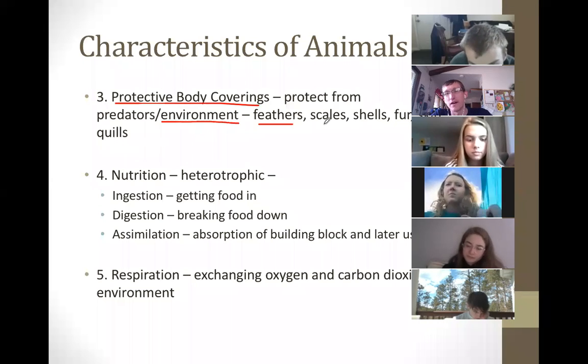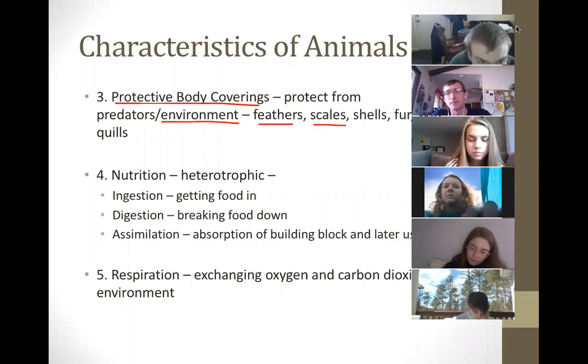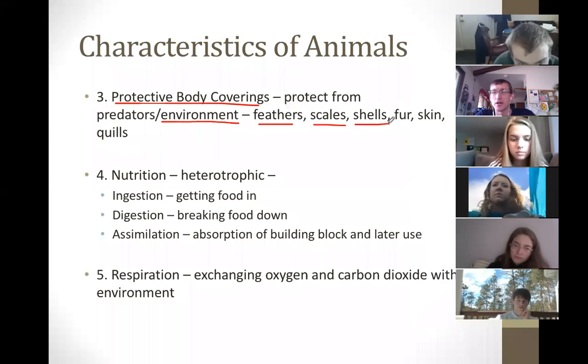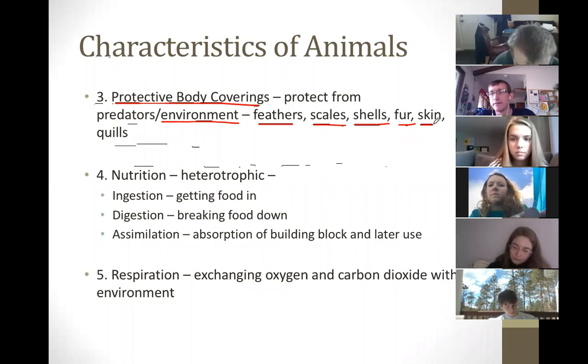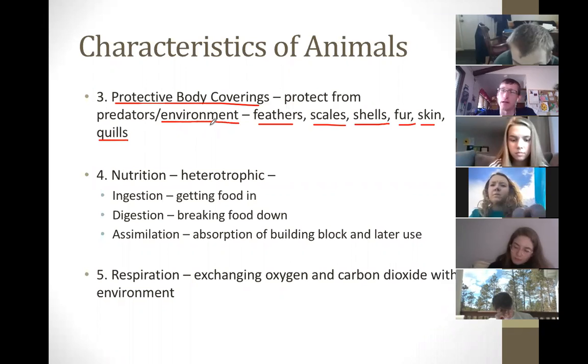So things like feathers in birds, obviously, scales in reptiles and fish, shells for turtles and crabs and crawdads, fur for most mammals, skin for you and I, and quills if they're modified, like on a porcupine or a hedgehog or something like that.